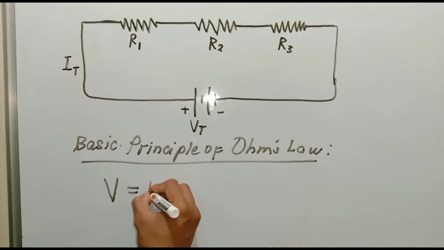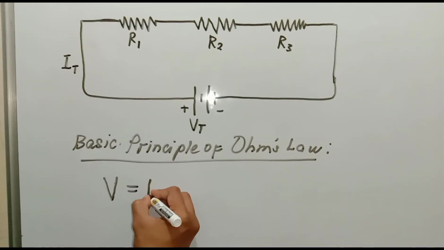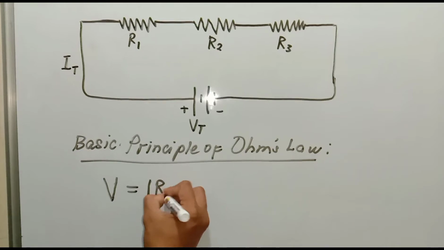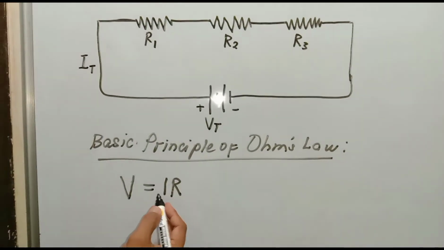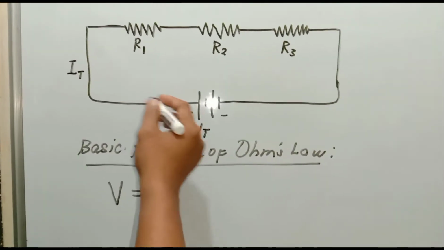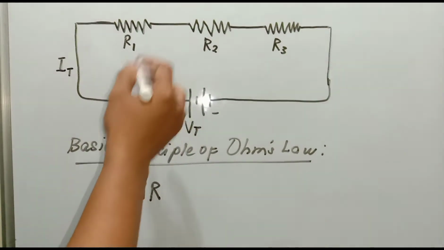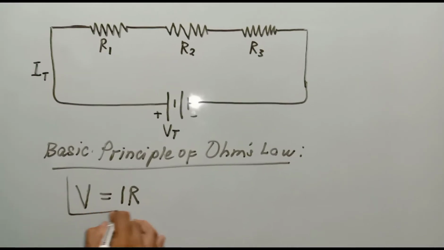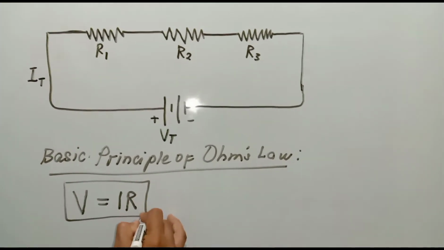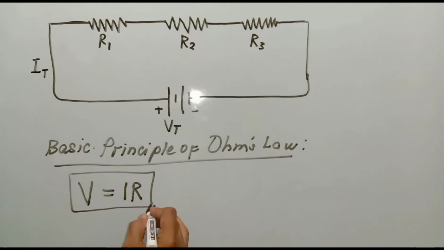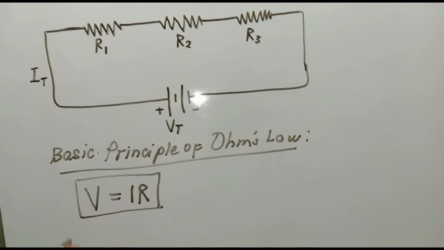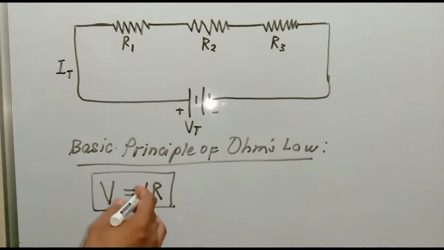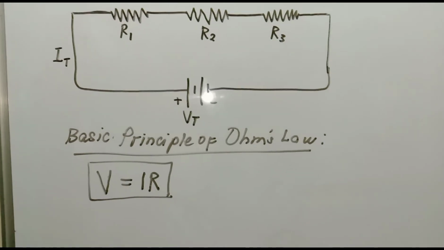V equals I R, where I means the current in terms of amperes, and R is the resistance in terms of ohms. So this is the basic formula for Ohm's law: V is equal to IR, or voltage is equal to the product of resistance and current.